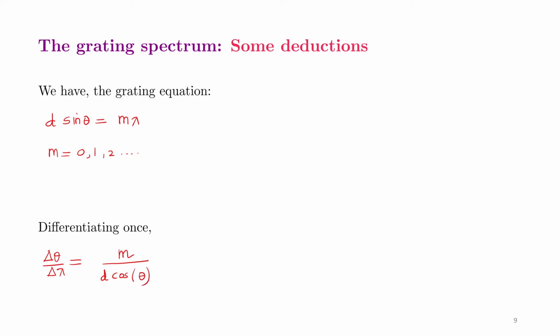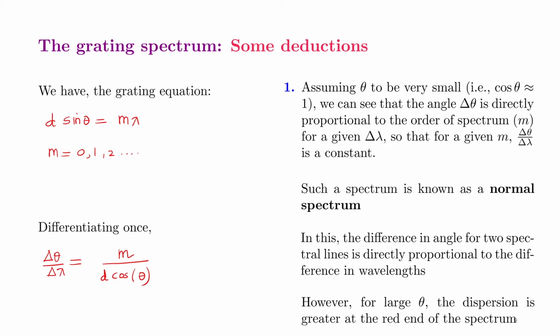Let's now analyze this equation. If we assume theta to be very small, that is cos theta approximately equal to 1, we can see that the angle delta theta is directly proportional to the order of the spectrum for a given delta lambda. That means that for a given m, delta theta by delta lambda is a constant.